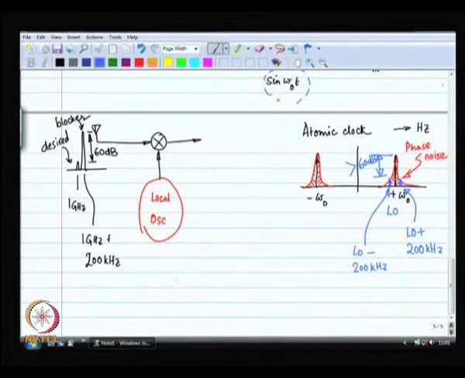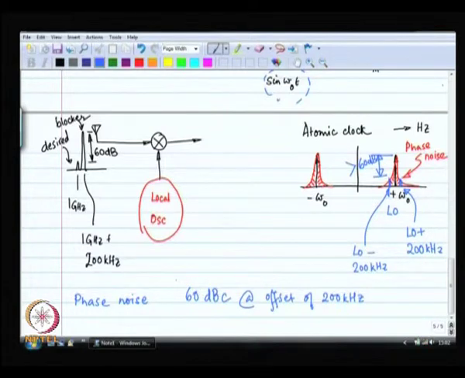Okay. So, this is the way we define phase noise. So, phase noise is defined in this fashion: 60 dB with respect to the carrier at an offset of 200 kilohertz, right.